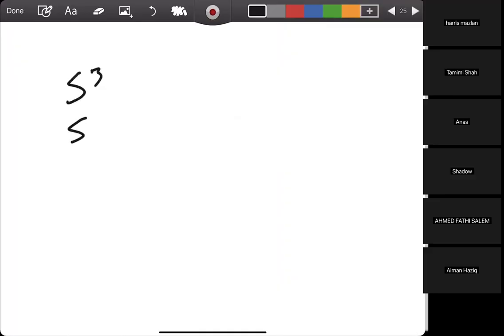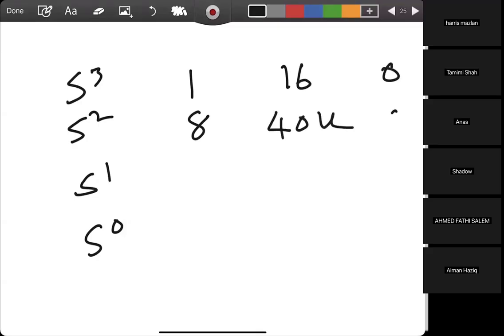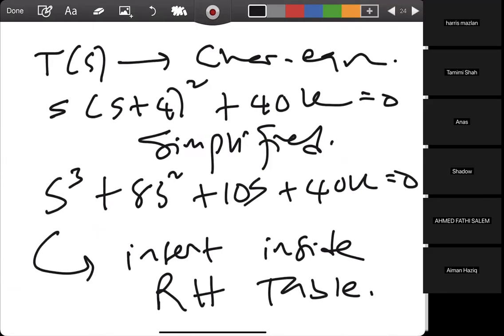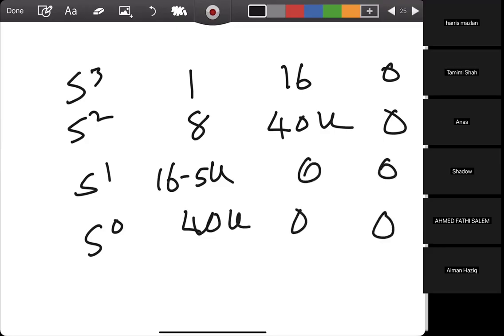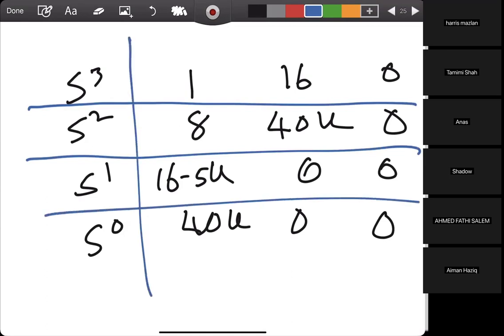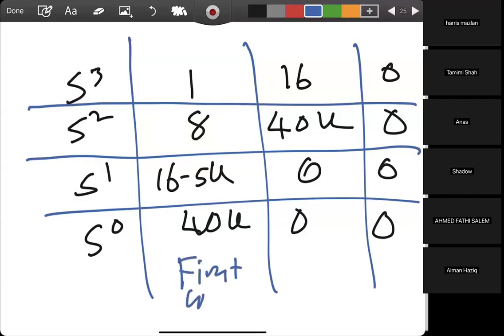S cubic, S squared, okay. Then continue, 16.5K, 40K, 0, 0. Okay. This one is the first column.